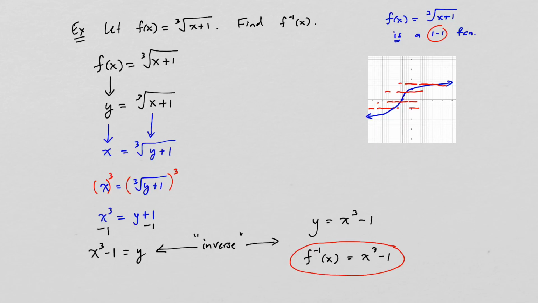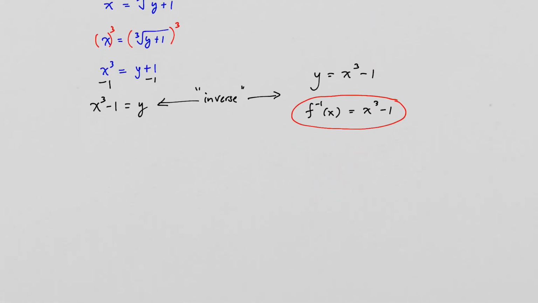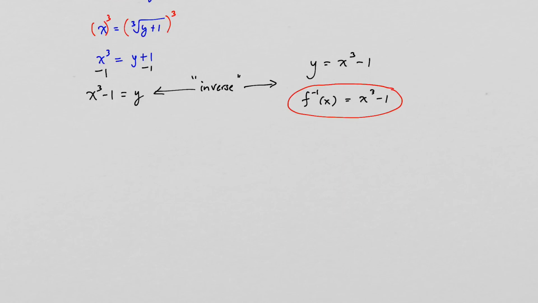Now, one last thing I'd like to talk about here is what an actual inverse function does. So this is a perfect example. We had f of x was the cube root of x plus 1, and we had the inverse function f inverse of x equals x cubed minus 1. And what an inverse function does is it reverses the roles of x and y.